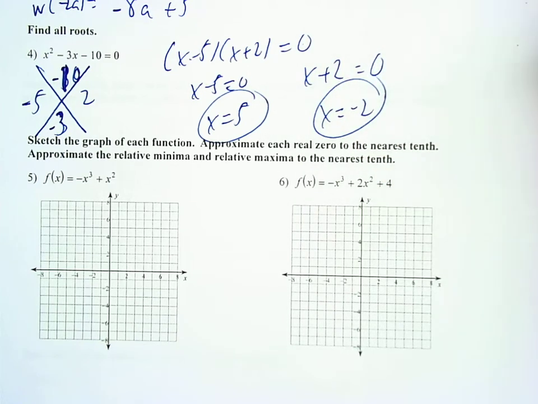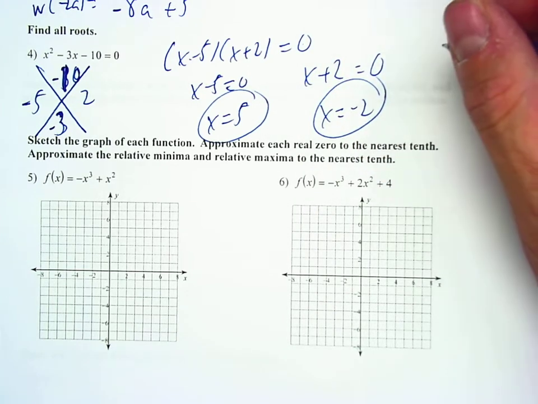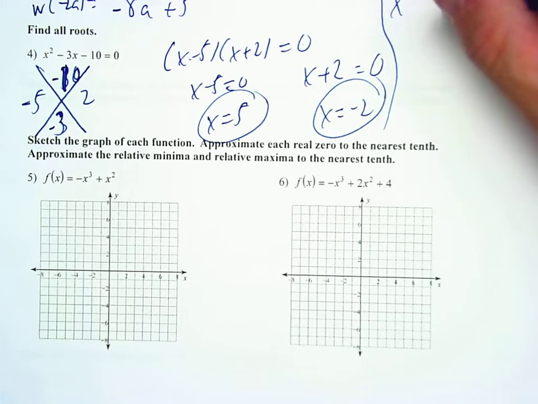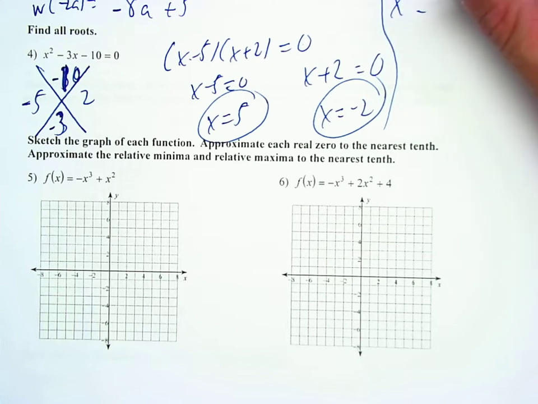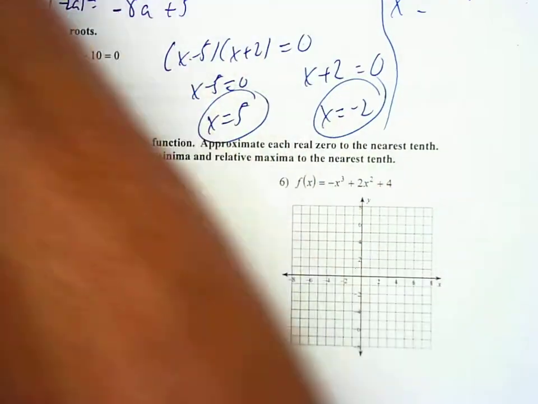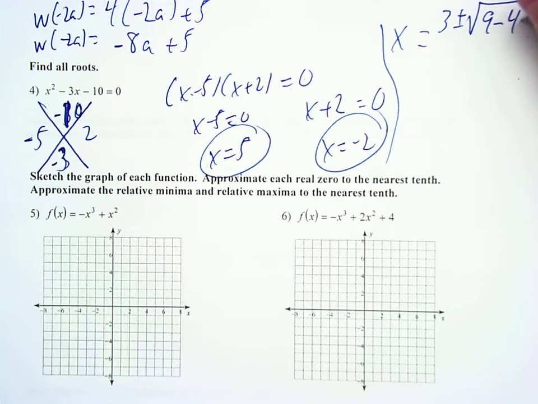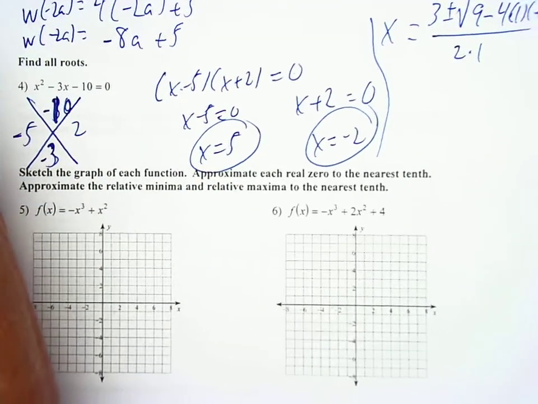Now, if you want to, you can use the quadratic formula here as well, and that will work to solve this. You can also complete the square. So for the quadratic formula way, you would do x is equal to the opposite of b, 3, plus or minus the square root of b squared, which would be 9, minus 4 times a times c, so 4 times 1 times negative 10, all over 2 times 1.